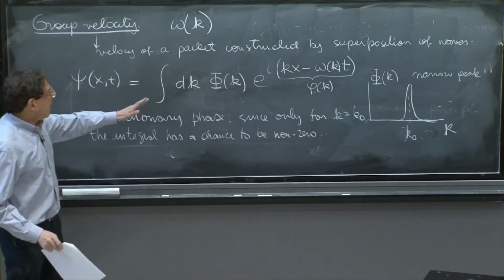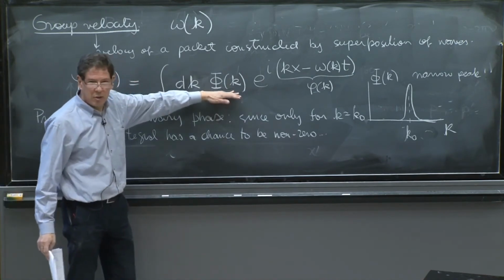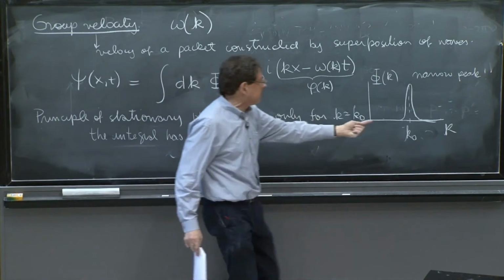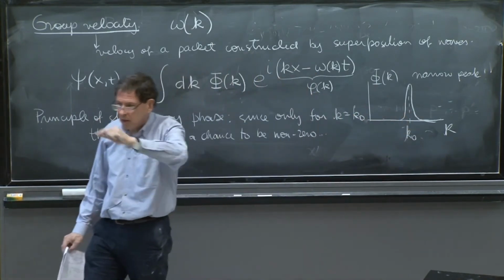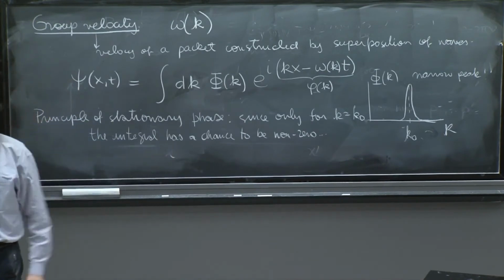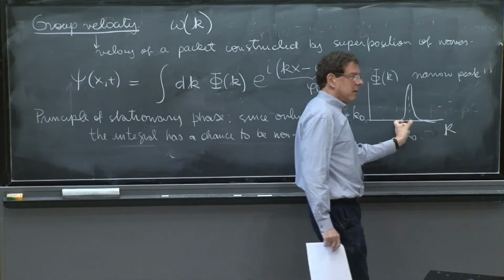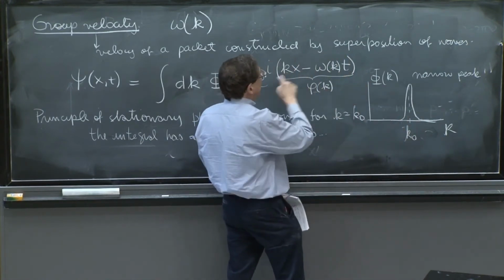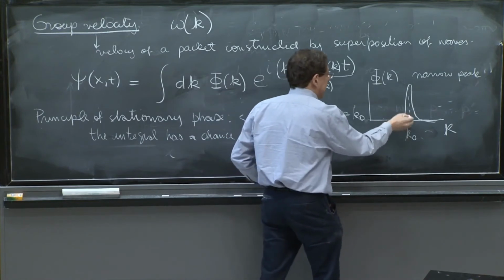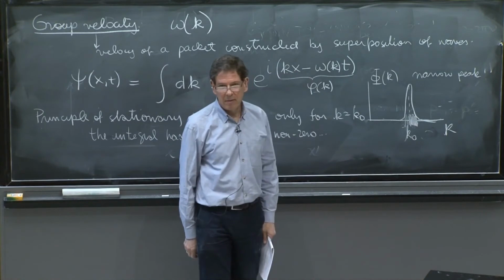So here's what I'm saying. Look, the only place where this integral contributes, we might as well integrate from k naught minus a little delta to k naught plus a little delta, because this whole thing vanishes outside. And if we're going to integrate here over this thing, it better be that this wave is not oscillating like crazy, because it's going to cancel it out.